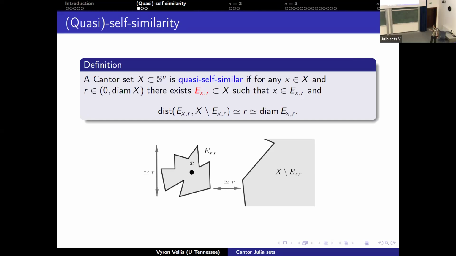This is supposed to be a subset of the Cantor set, and this is supposed to be the rest of the Cantor set. So in other words, there are holes between the pieces of your Cantor set which are not too big, neither too small. And if the word quasi-symmetric means anything to you, I will mention that there is a theorem that says that a Cantor set is quasi-self-similar if and only if it is quasi-symmetric to the standard Cantor set.